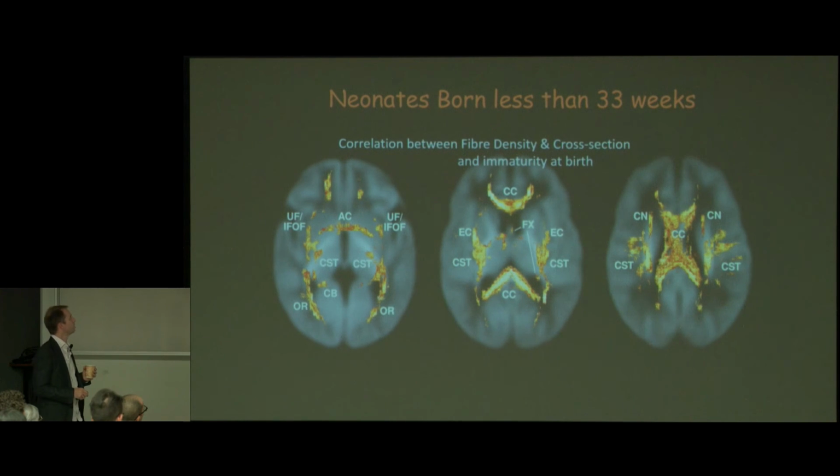Now this is looking at neonates that are preterm, but now they're scanned at term equivalent age. Looking at the effect of prematurity, so the gestational age at birth, covariating out the age at scan, and again we see quite extensive changes in the apparent fiber density in quite a wide network of the white matter here.